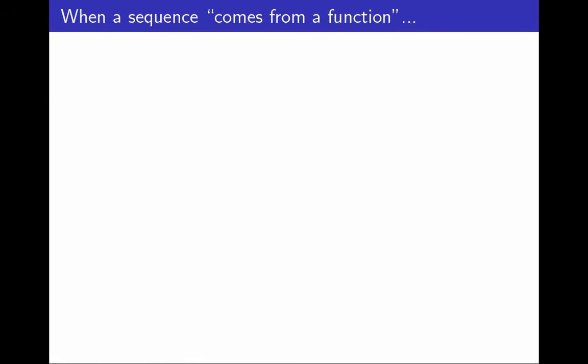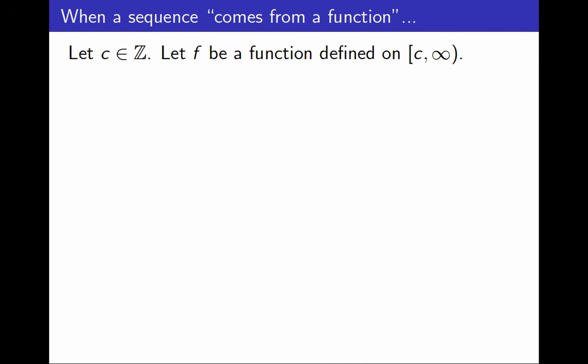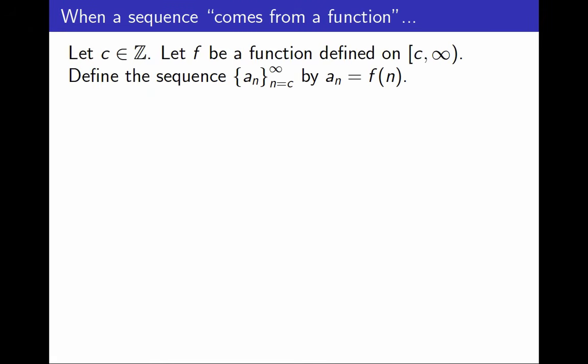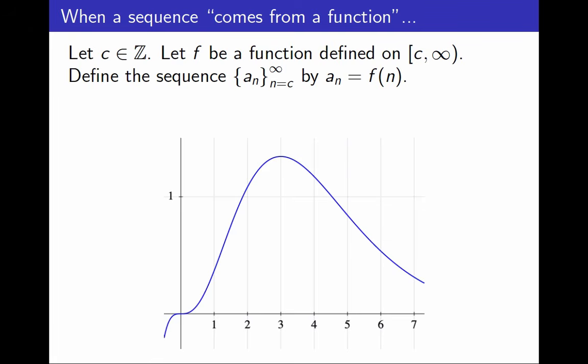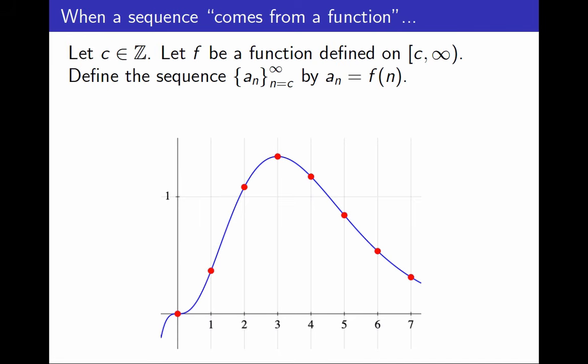Let's say that I begin with a function f with domain all the real numbers starting at an integer c. I can consider the sequence a_n, which is the restriction of f to just natural inputs. For example, this could be the graph of the function in blue, and in red I have the graph of the sequence.